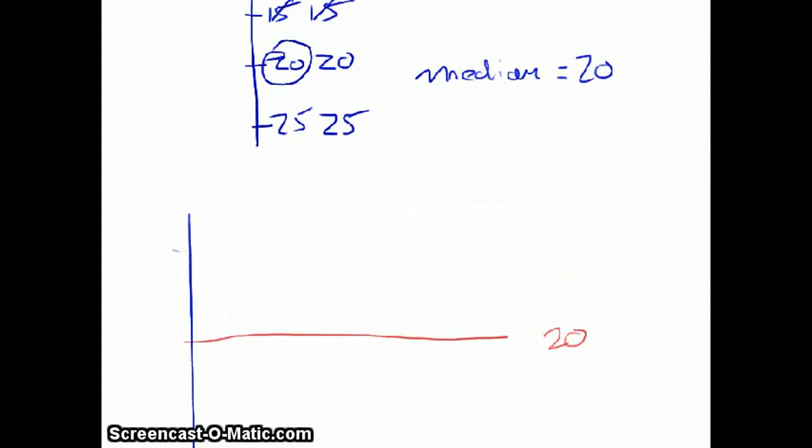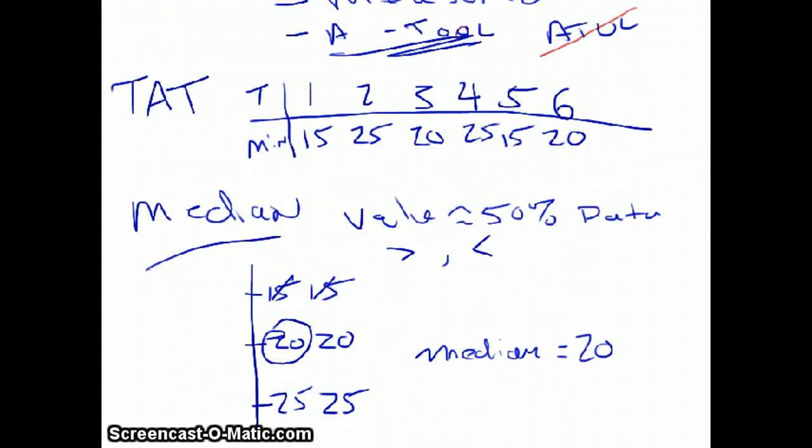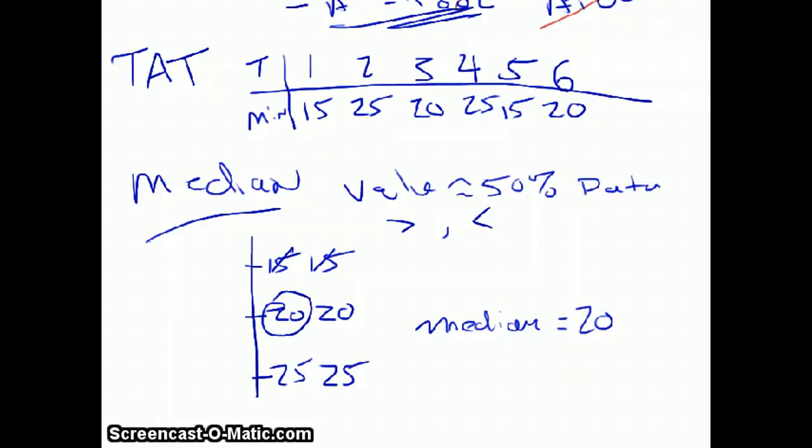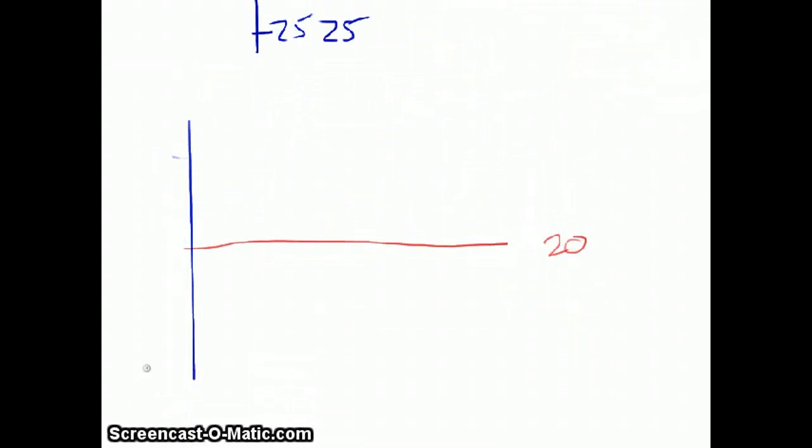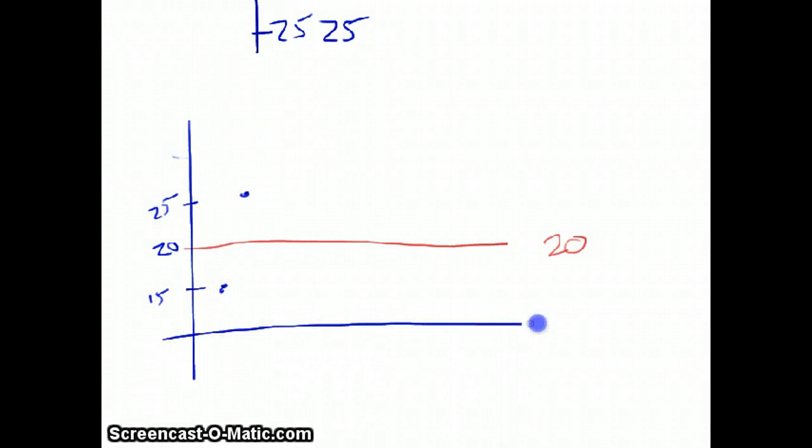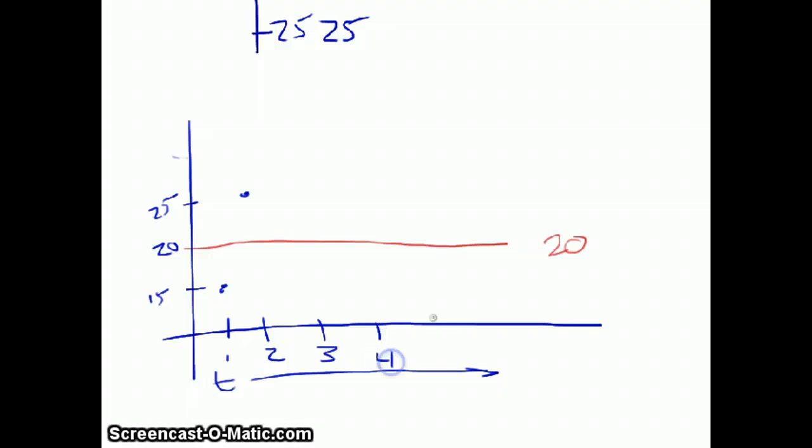Well, we had 15, 25, 20, 25, 15, 20. So let's say that this is 15, and this is 25, and this is 20. And we have, of course, time here. This is observation 1, 2, 3, 4, 5, 6.